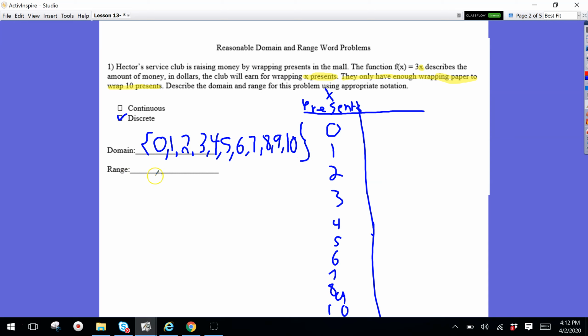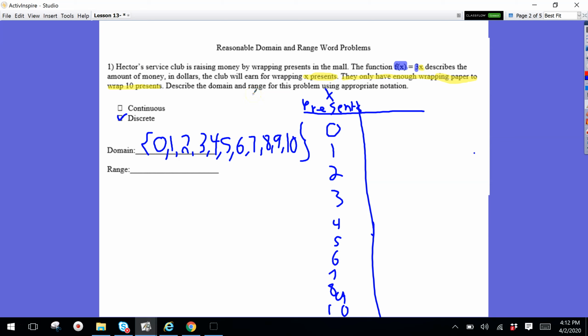Now, my range is something that we're going to have to do some work for, using what we know about function notation. Your range here is f of x. And they're telling me this information here about what I'm doing to x to get f of x. Well, I'm multiplying it by 3. So basically, every present is worth $3.